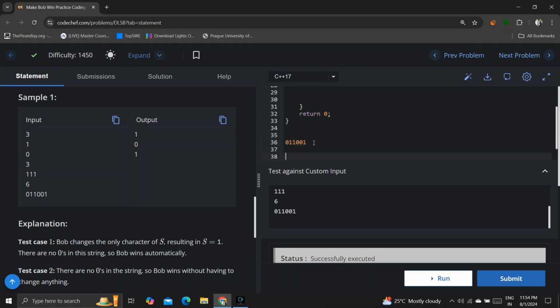So this string is equivalent to this, because Alice can remove this one singly or these two at the same time because they are contiguous. So contiguous can be counted as one. Similarly, three ones are equal to a single one, and the output will remain the same.